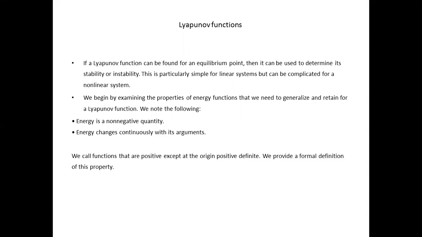Here we will try to gather information about some functions, namely positive definite, negative definite, positive semi-definite, negative semi-definite, etc. What is the meaning? We'll see in the next slide.